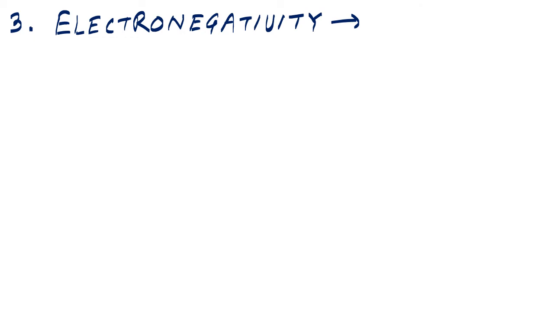The more electropositive one element is and the more electronegative the other, the greater the likelihood that they will form an intermetallic compound instead of a substitutional solution. So if the electronegativity difference is large, they will form an intermetallic instead of a substitution.